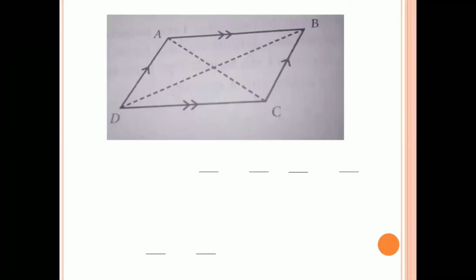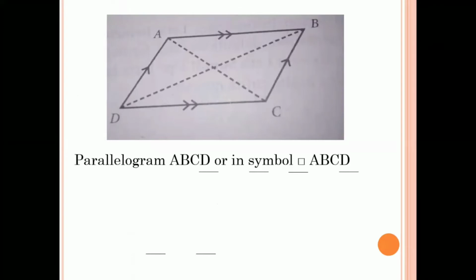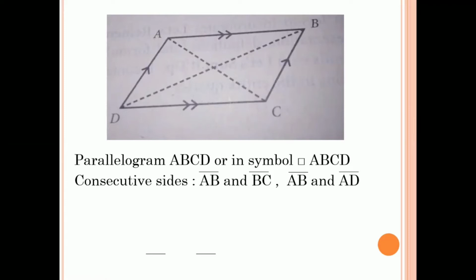So try to look at the figure above. This is parallelogram ABCD, or in symbol, parallelogram ABCD. The symbol is like a small square. So we are going to name the consecutive sides, at least two.